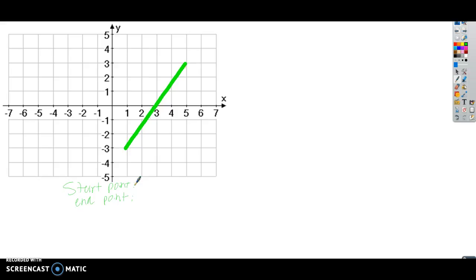Often you'll just be given the coordinates as your start point and end point. If you don't, I recommend that you go left to right. We always go with our x values first. (1, -3) is my start point, and then I go across to my end point of (5, 3).